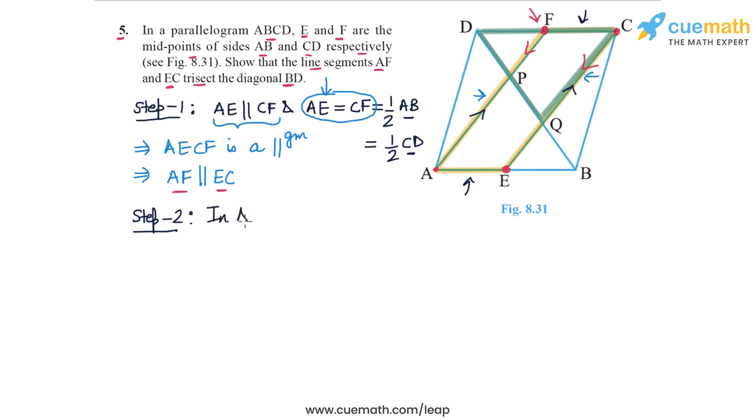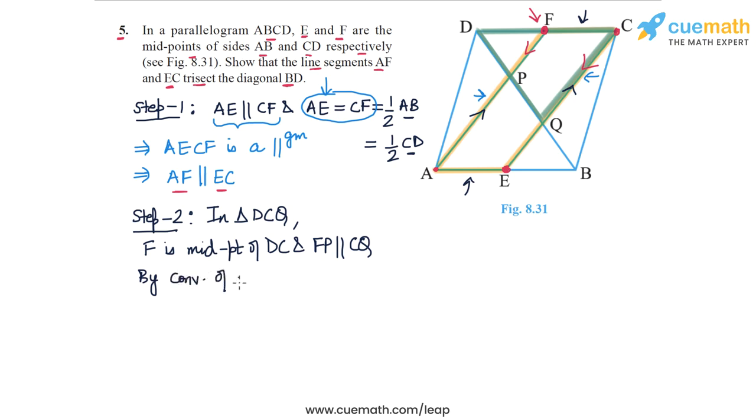So in triangle DCQ, F is the midpoint of DC and FP is parallel to CQ, and this means that we can apply the converse of the midpoint theorem.